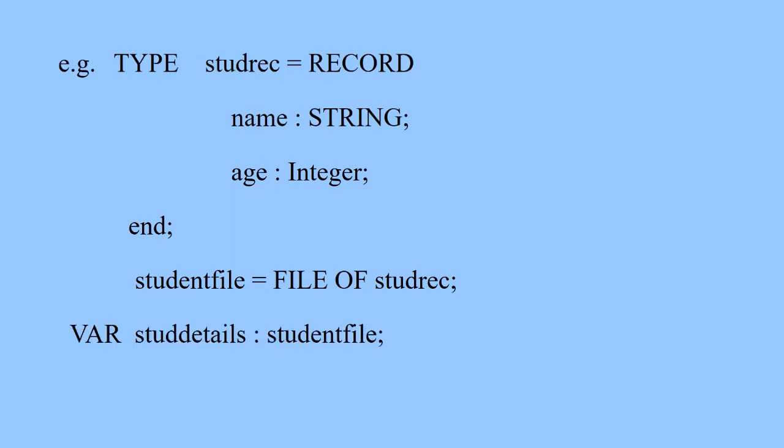Then to manipulate the elements of our file, we need to declare a variable, an object or instance. That variable is called student details, and it is of type student file. So it is a variable that is going to be used to manipulate the various records in our file.